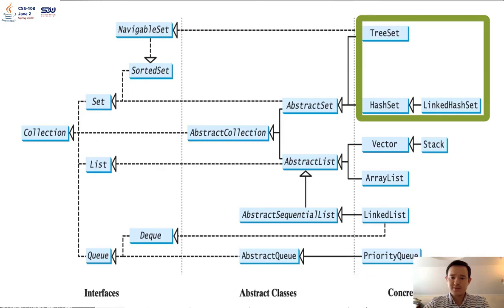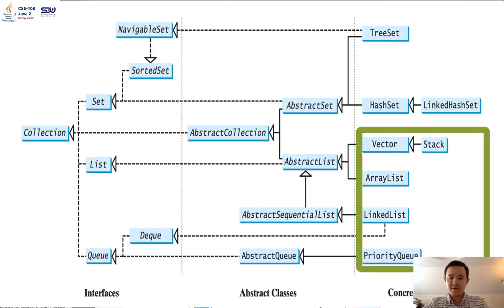We can see that some of the classes are sets: TreeSet, HashSet, and LinkedHashSet. A set is a data structure that contains non-duplicate elements, or unique elements. The elements in this data structure do not repeat. Okay, they are unique.